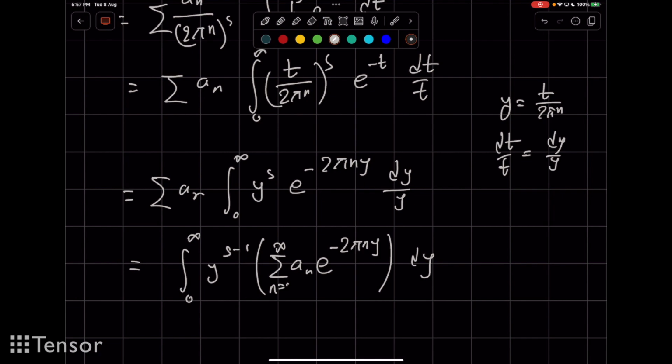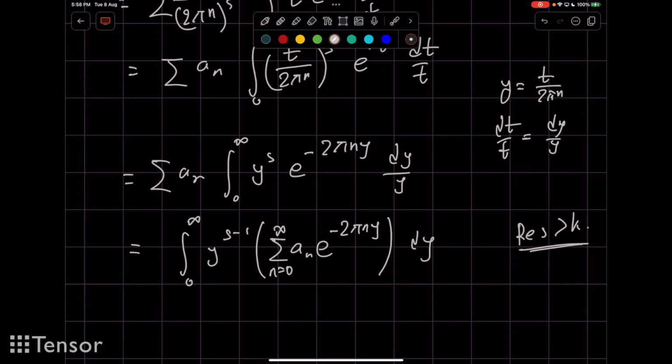We can switch the order of integral and summation in the region where the real part of s is greater than k, because in that region this sum is absolutely and uniformly convergent.